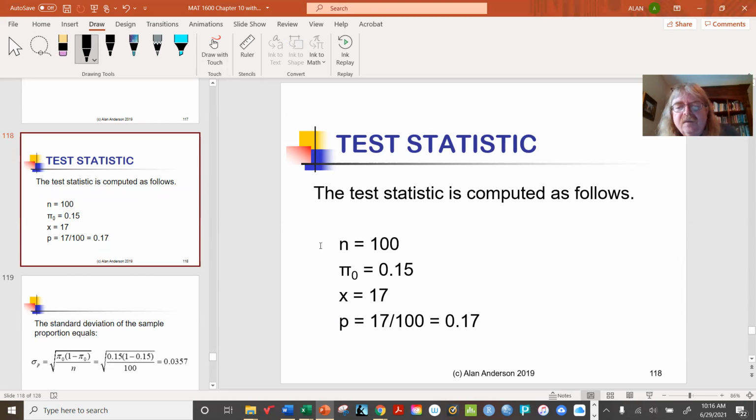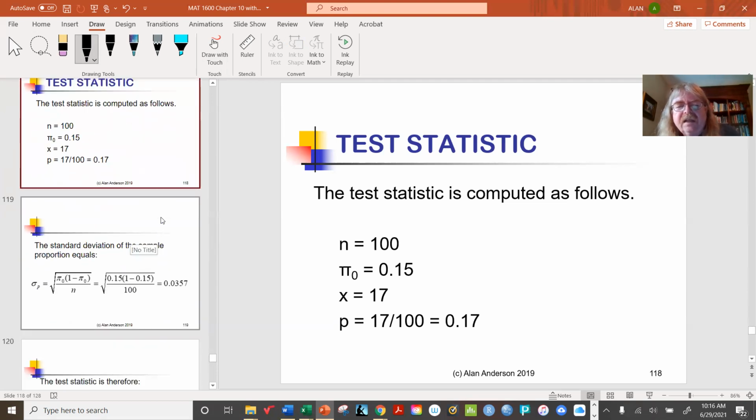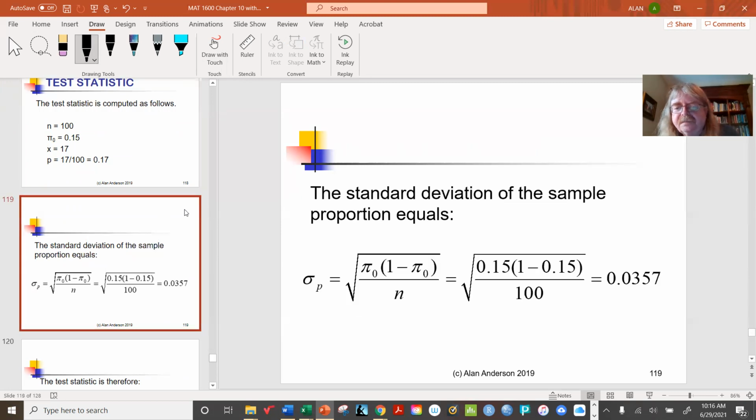The number of people in the sample who are retired is 17. So the sample proportion is 0.17. Now, the standard error, which we can calculate separately because it's kind of messy, is, okay, the square root of 0.15 times 1 minus 0.15 over 100. The standard error is about 0.0357.